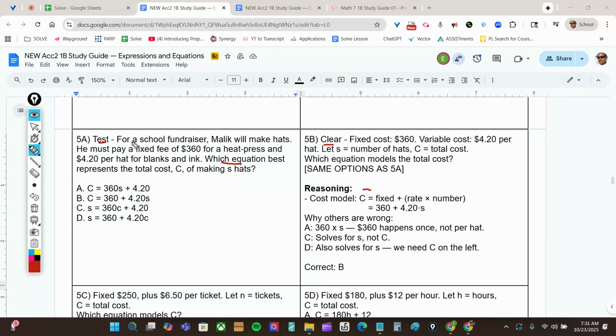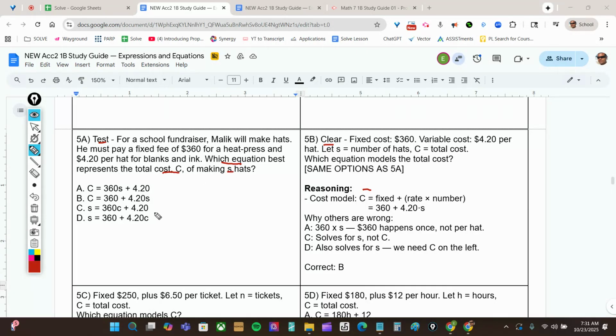All right, so for a school fundraiser, Malik will make hats. He must pay a fixed fee of $360 for a heat press and $420 per hat for the blanks and the ink. Which equation best represents the total cost of making hats?